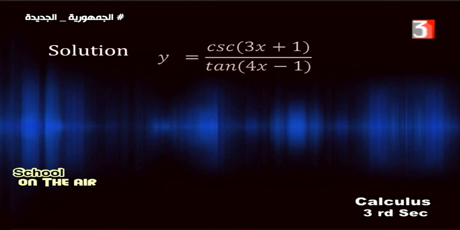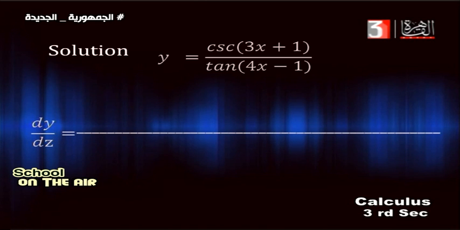What is the first derivative of this function? dy/dx equals the derivative of cosec 3x plus 1.